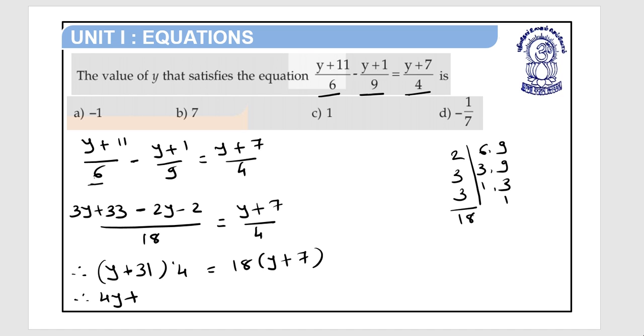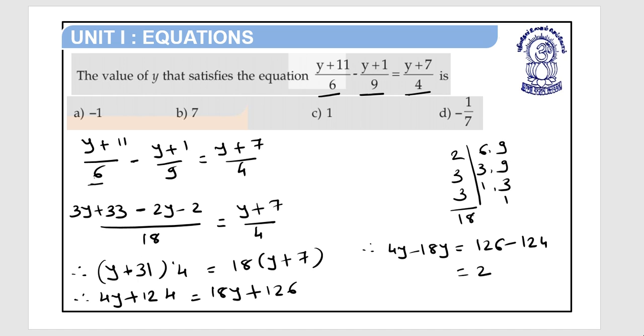So 4y plus 4 into 31, 4 3s are 12, 124. 18y plus 126. So 4y minus 18y is equal to 126 minus 124 is equal to 2. 4y minus 18y, so minus 14y. So y is equal to minus 2 by 14, so minus 1 by 7. So answer is D, minus 1 by 7.